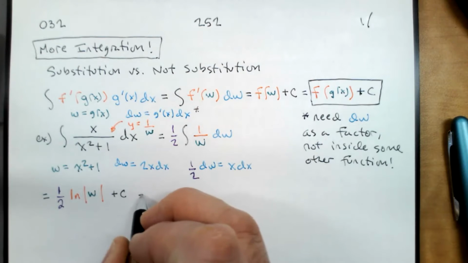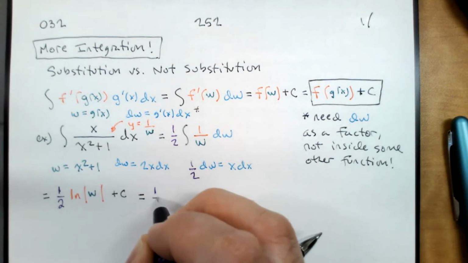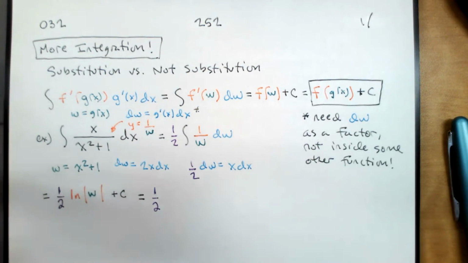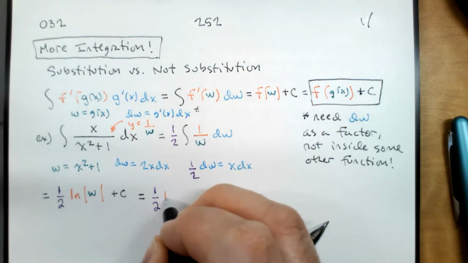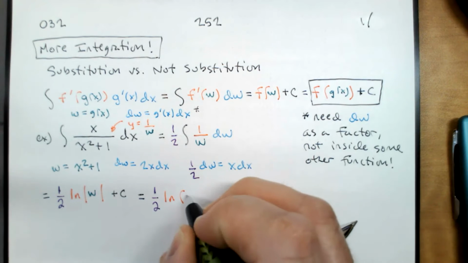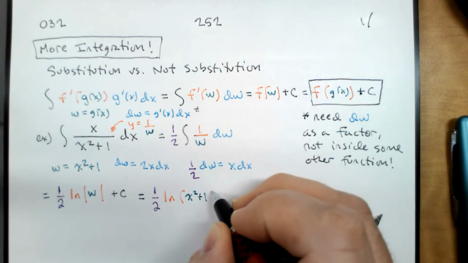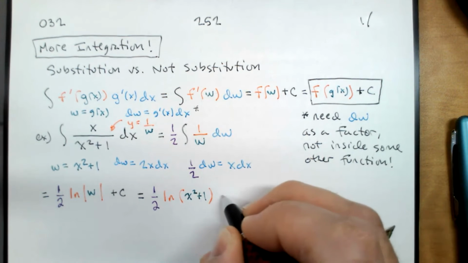So we end up with a 1/2 natural log of x squared plus 1 plus c.